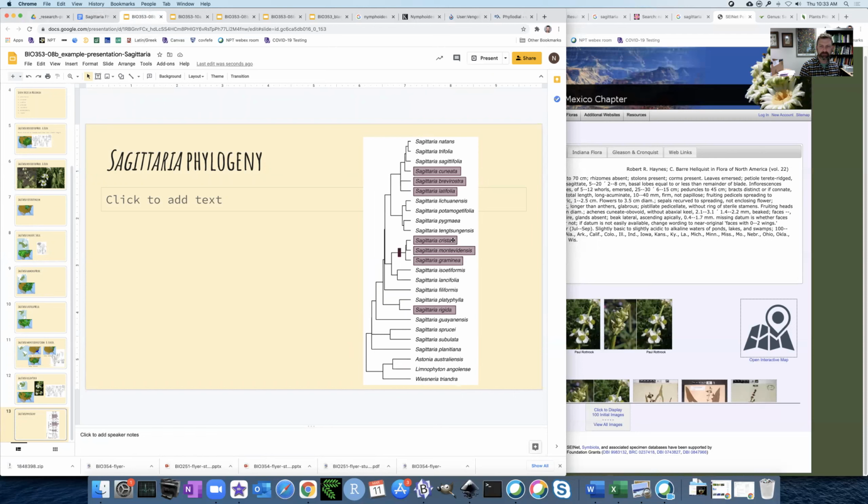So offhand, I'd say there's probably a lot of features in common between Sagittaria cristata and Sagittaria graminea. And maybe you could do some research and find out what is more similar, what would make Sagittaria montevidensis fall in with those.